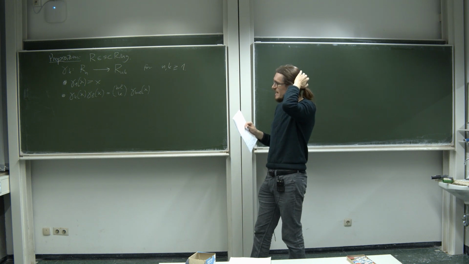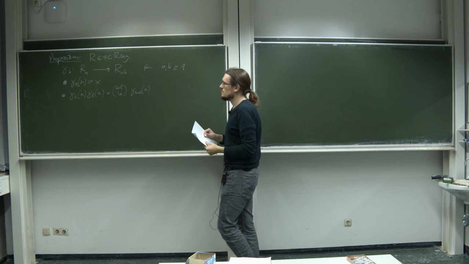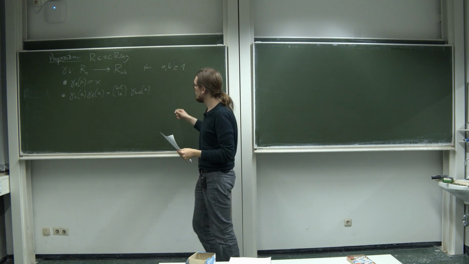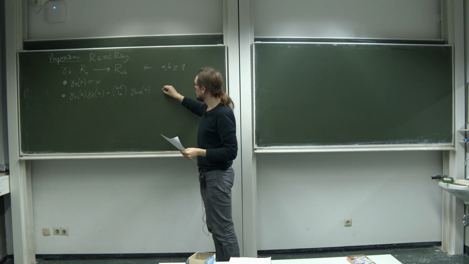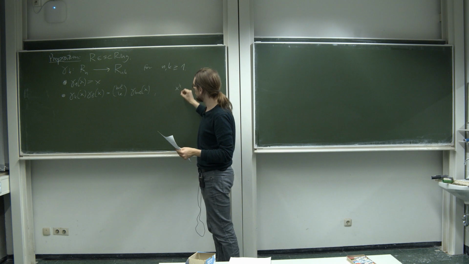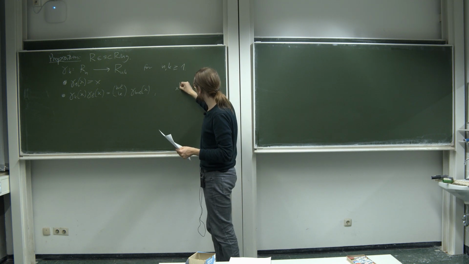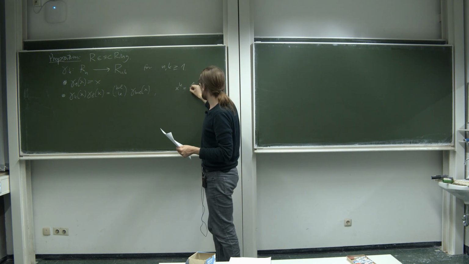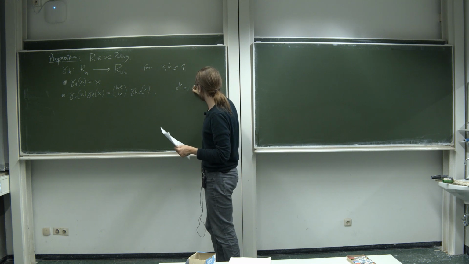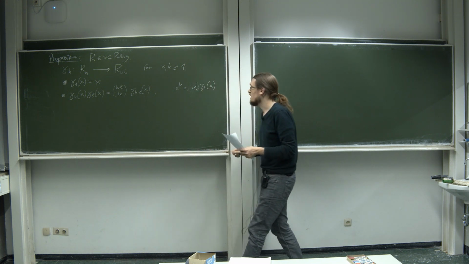This is why it's called divided powers, because from these two properties you can check that actually x to the k is simply 1 over k factorial times gamma k of x.